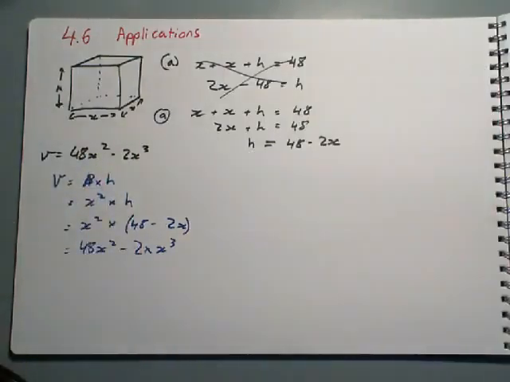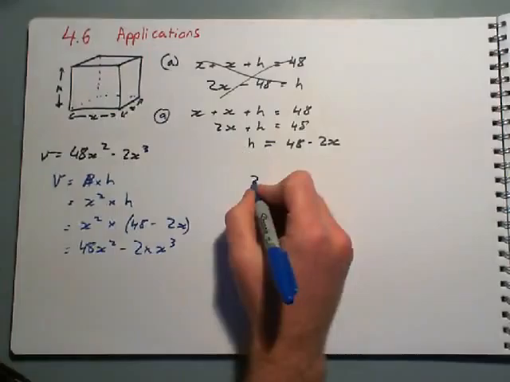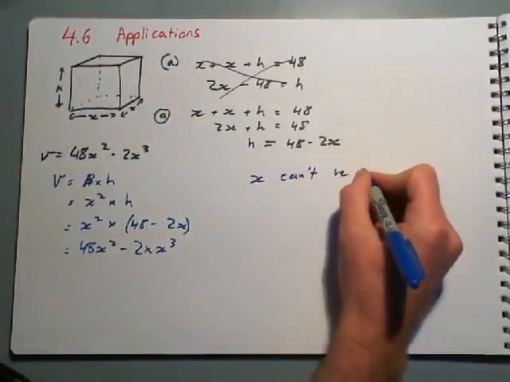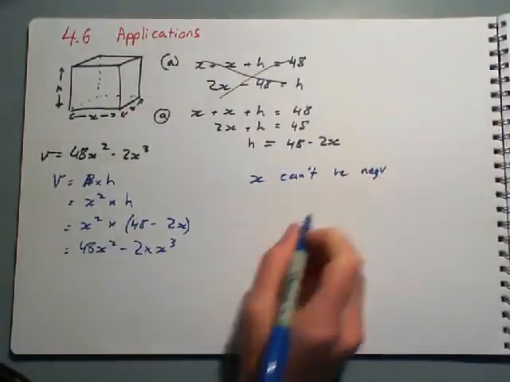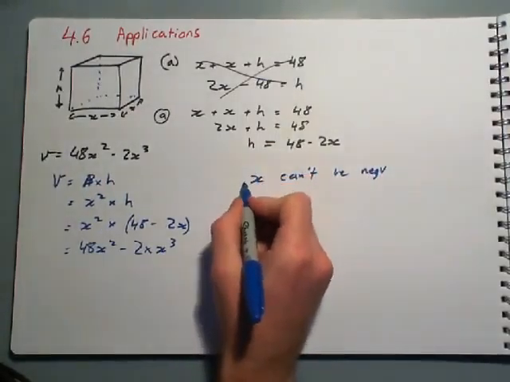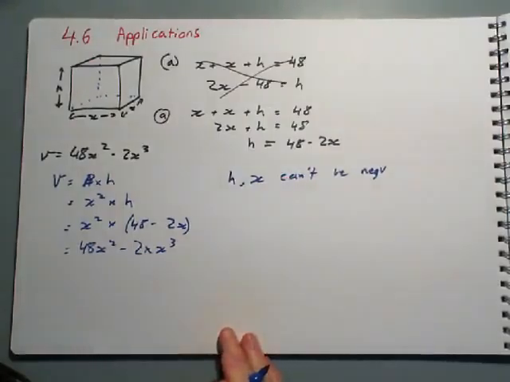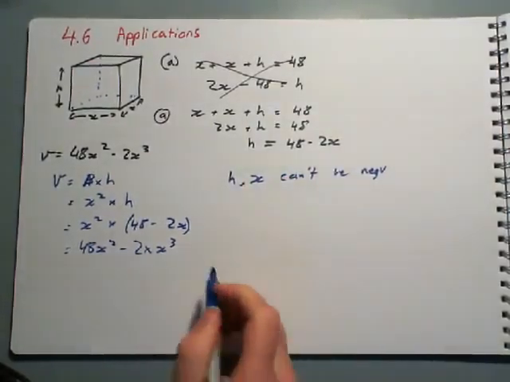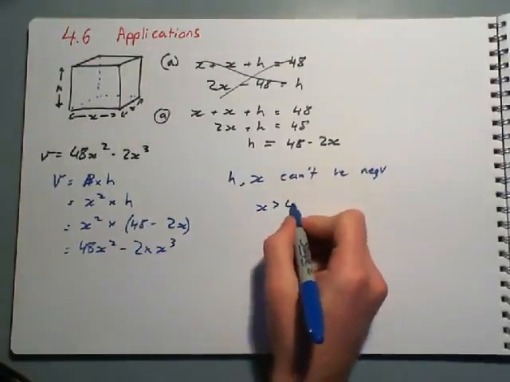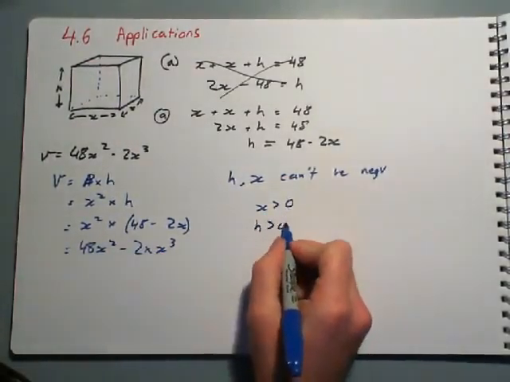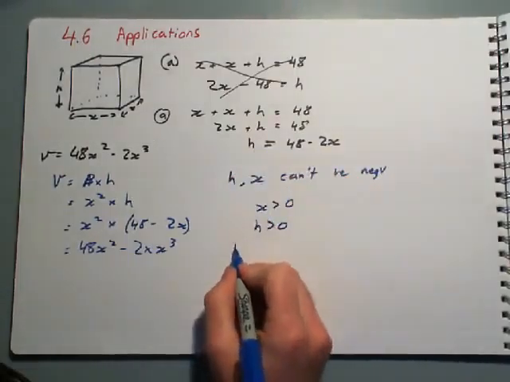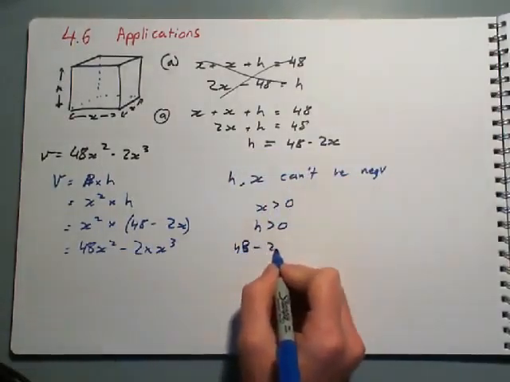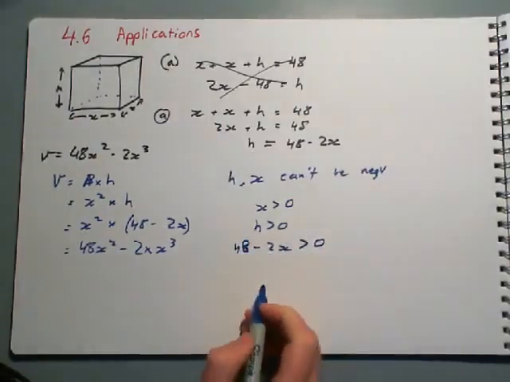Part C asks us to state any restrictions on the values that x can take. We know because it's an application, x can't be negative, and the height can't be negative, so h as well. You can't have negative height or length or width. So x has to be greater than 0, and also h has to be greater than 0. And we know h is 48 take 2x, so just sub that in.